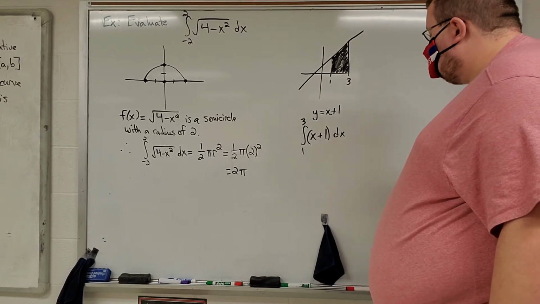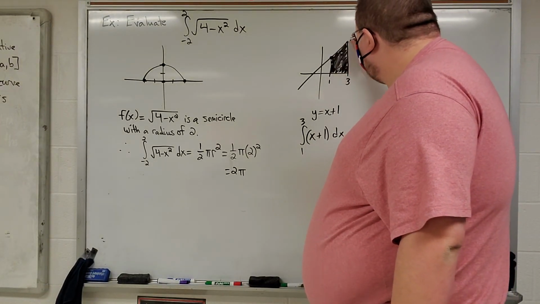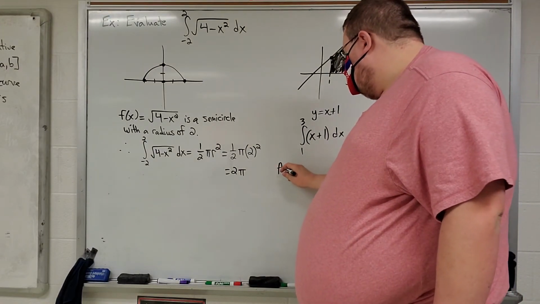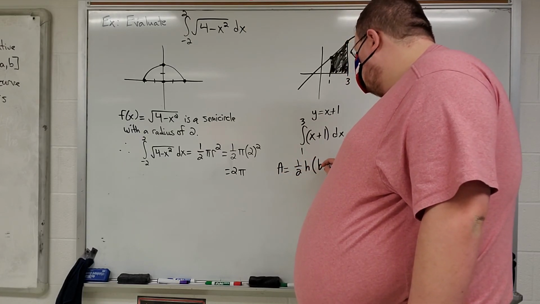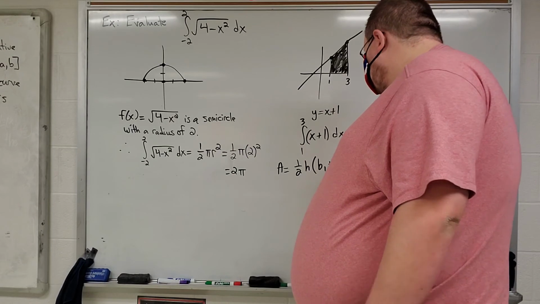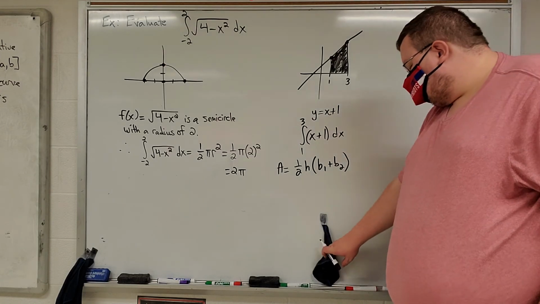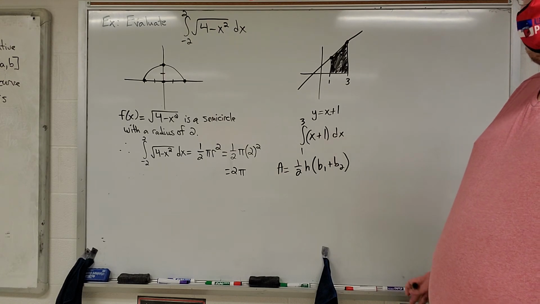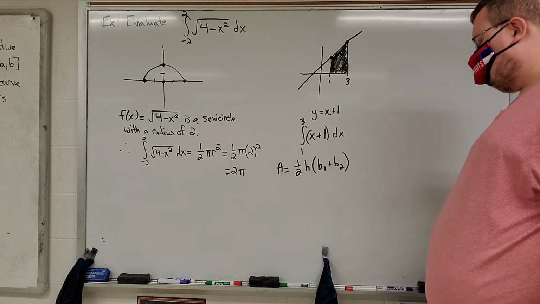Okay, so that's a trapezoid. We need to be able to find out what the lengths of the bases are. If you remember, the area formula for a trapezoid from geometry is 1/2 the height times the sum of the bases. I'll try to send you a list of the formulas again. I didn't give those to you the first time, but I'll try to find a list of formulas for you this time for real.